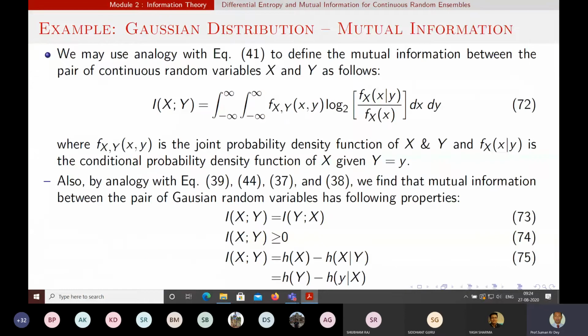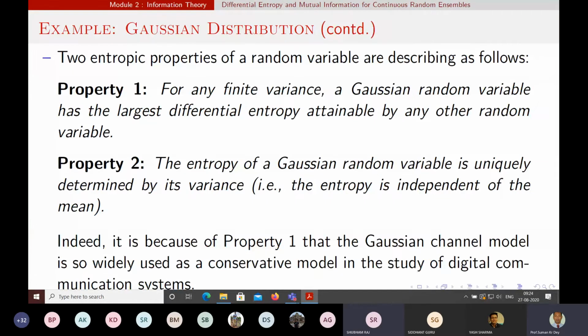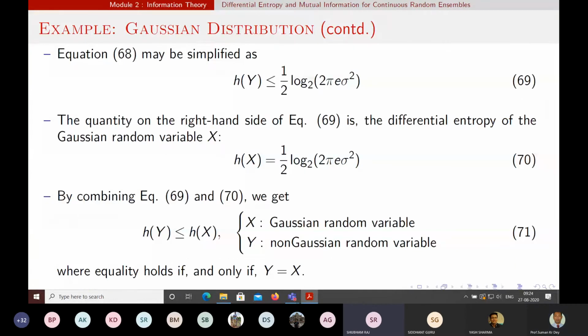Now, h of x is equal to that 1/2 log term. How did the equality come in this equation? The equality holds only when both variables are the same.